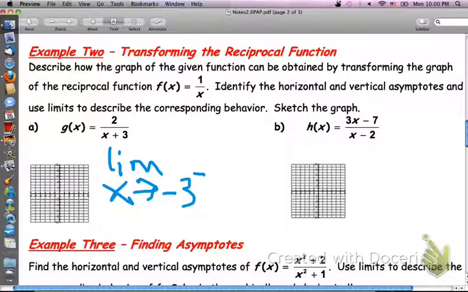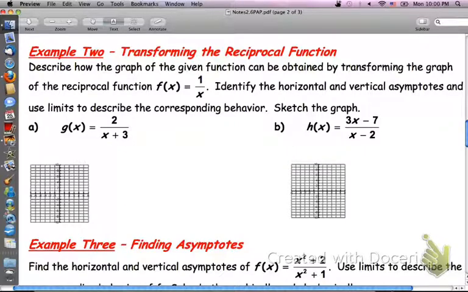So if we plug in, say, a negative 4, we would get negative values out of our function. So our function must be approaching negative infinity. And that's from the left.